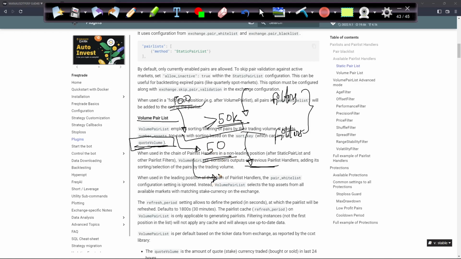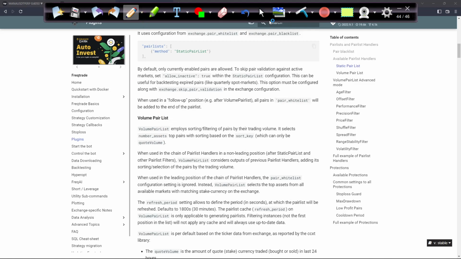Then after this we'll apply some filter, and eventually we'll come down to around 10 to 20, which is a lot easier to trade. So that's what we are doing here with plugins and filters. All right, I think volume pair list is very important, so let's look at it quite rigorously here.